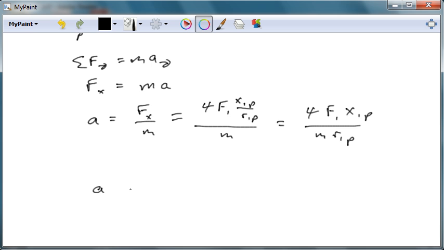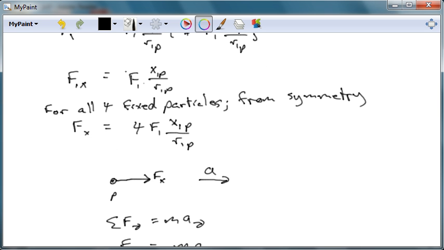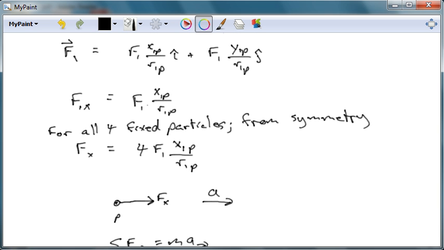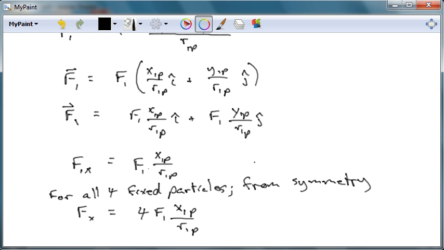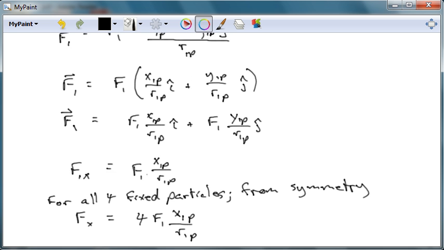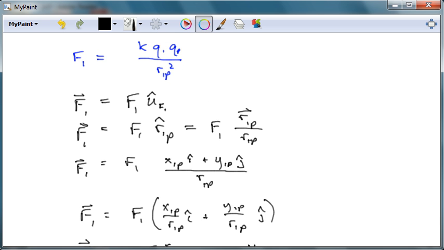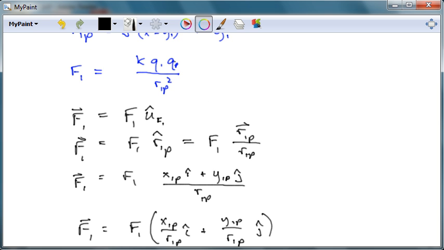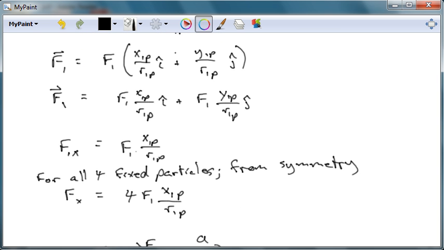And now I want to substitute for F1. F1 we found to be F1 magnitude k qq over r1p squared.